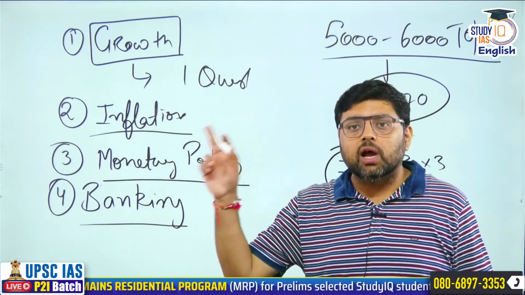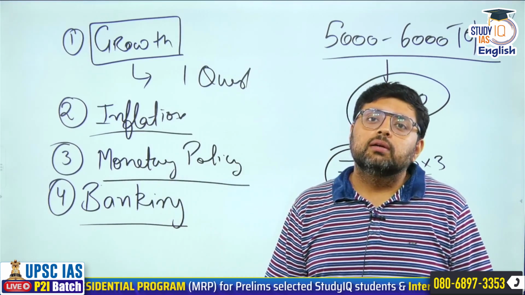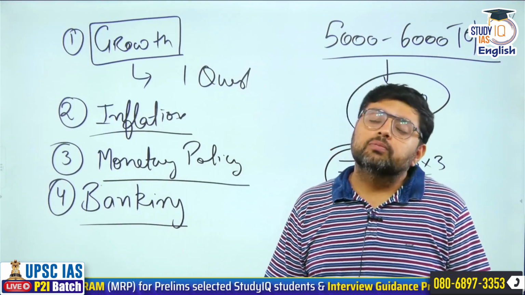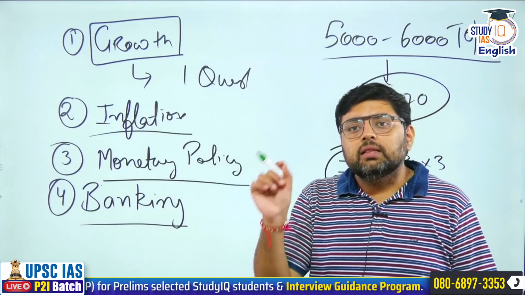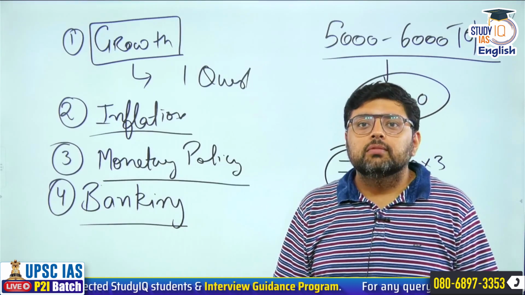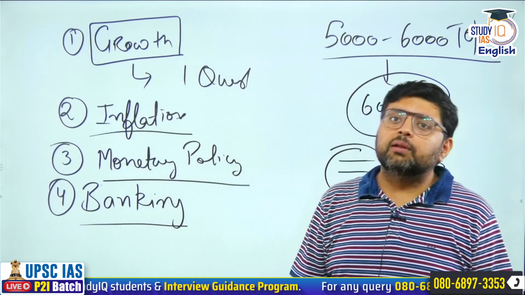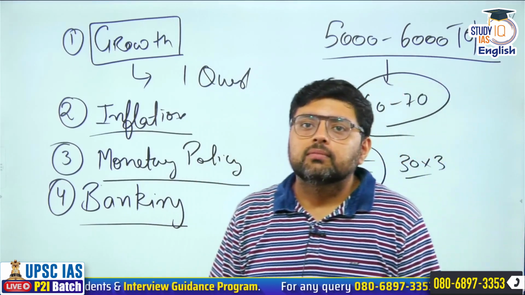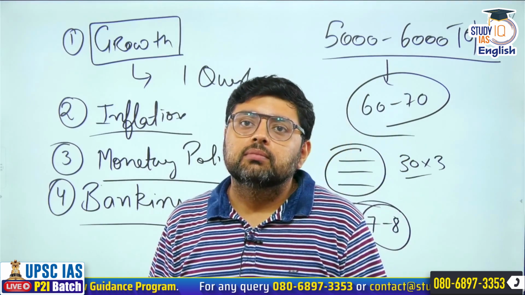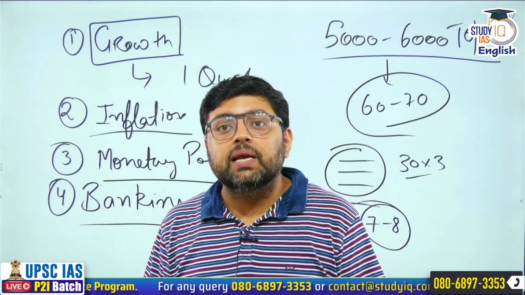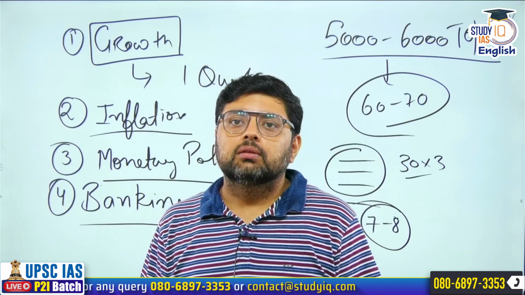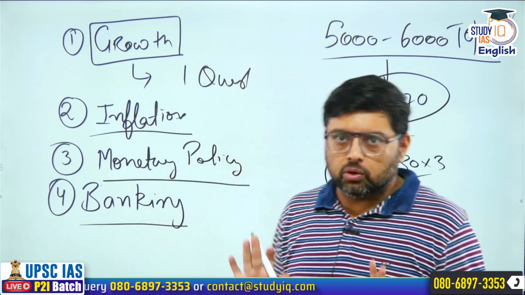They have also asked about RRBs, business correspondents, which is in the news nowadays, and priority sector lending, including the number of sectors under it. Committees related to the banking sector, the concept of Basel norms, non-performing assets. These are the things you must know.